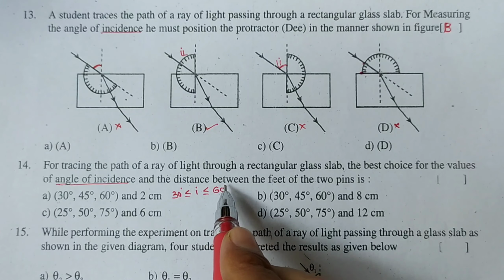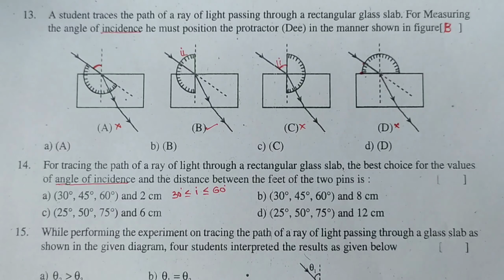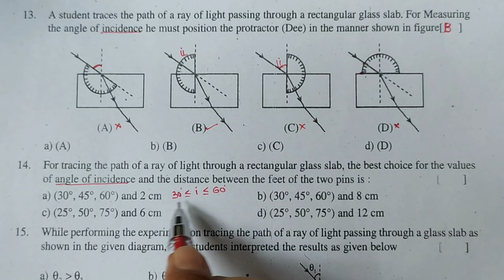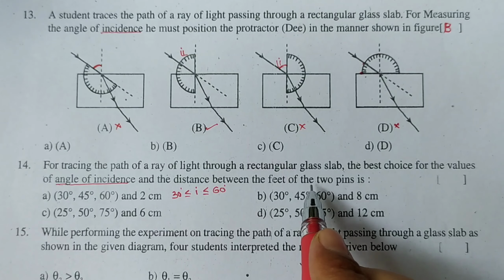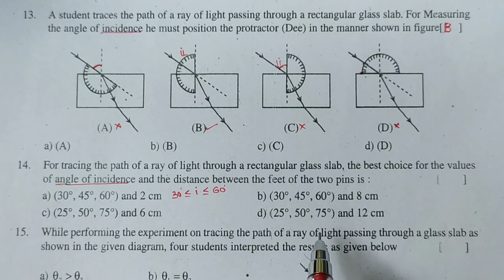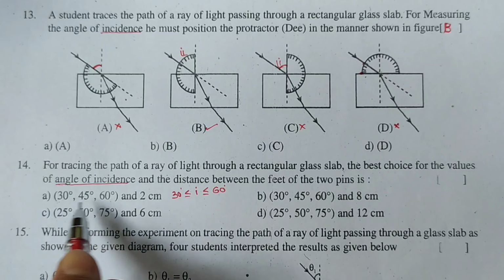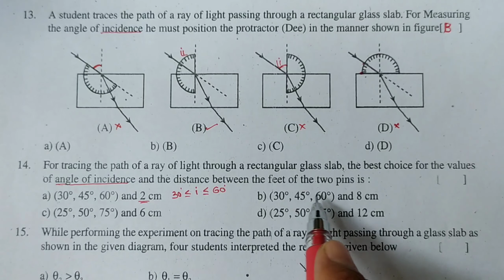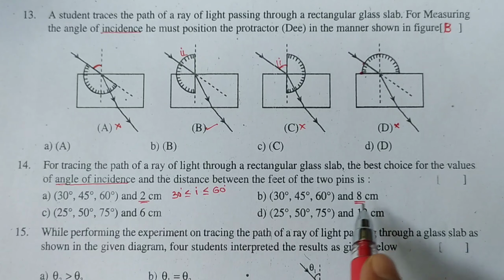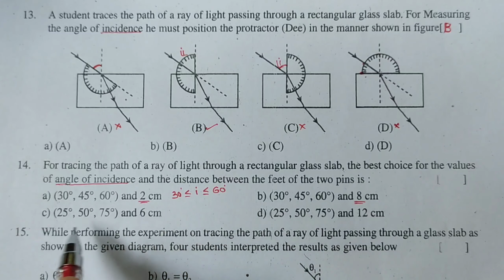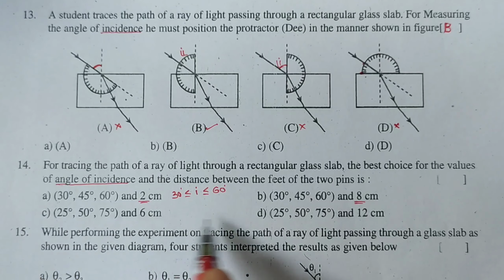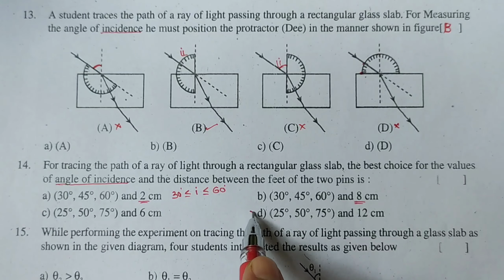You can trace the path exactly. And in this case, the distance between the feet of the two pins should be larger. Here you see 30 and 60 with 2 centimeter, and 30 and 60 with 8 centimeter. The answer is between these two, because these values are not between 30 and 60. So let us cancel C and D.